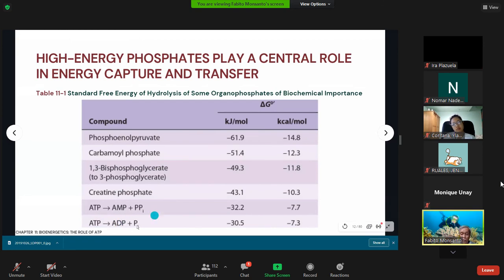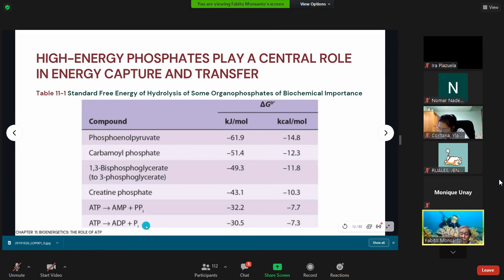So you must have a high energy phosphate. And that high energy phosphate, you can get it from here, from here, from here, or even from here, because that's already 7.7. So you can add that one phosphate to ADP to become ATP. That's high energy phosphate.